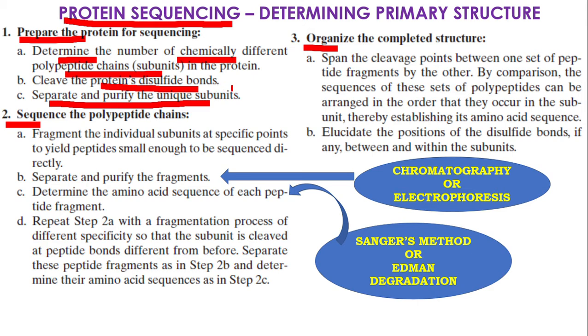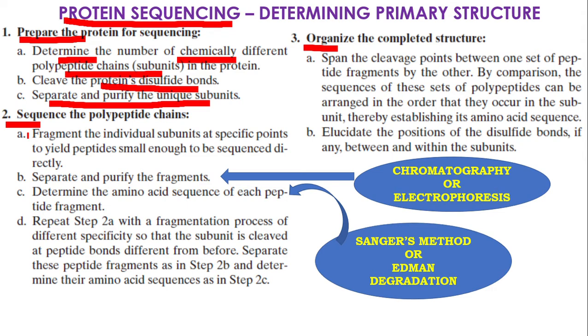So in order to separate those different subunits, we cleave the disulfide bonds. There are chemical methods for that. Once we cleave the disulfide bond using a particular chemical treatment, we need to separate and purify the individual subunits, usually by chromatography, electrophoresis, etc.